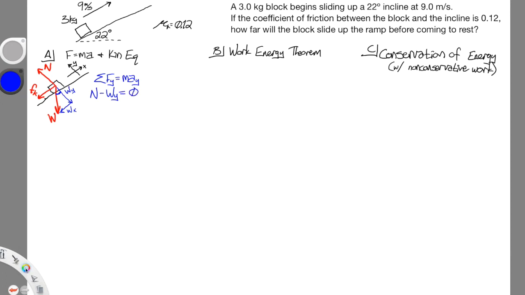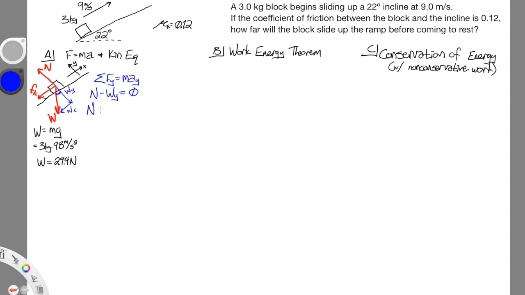As a little aside over here, let's just go ahead and calculate the force of weight, which is m times g, which is 3 kilograms times 9.8 meters per second squared. And we find that the weight has a value of 29.4 newtons. The y component of the weight is the adjacent component to the angle we've been given.